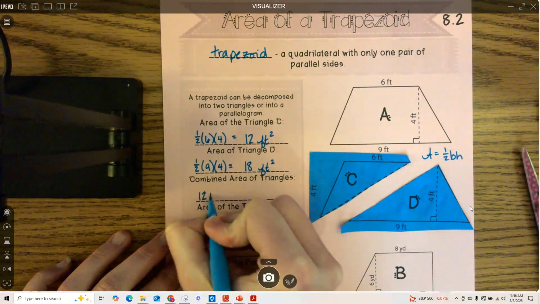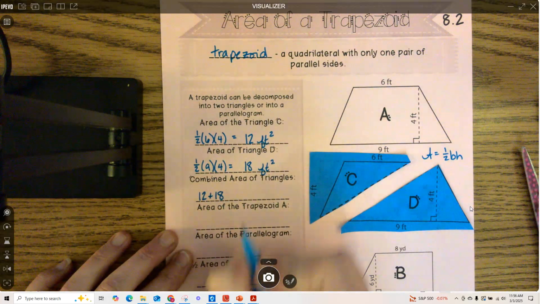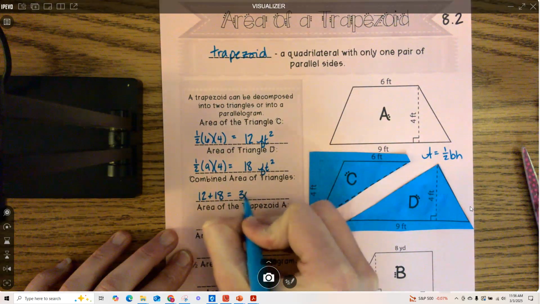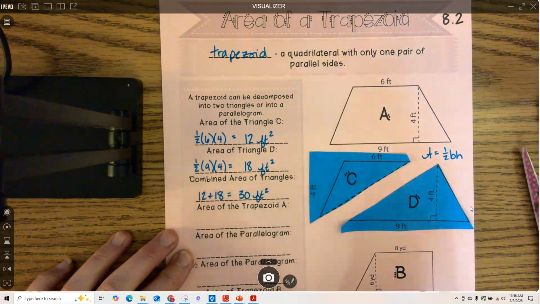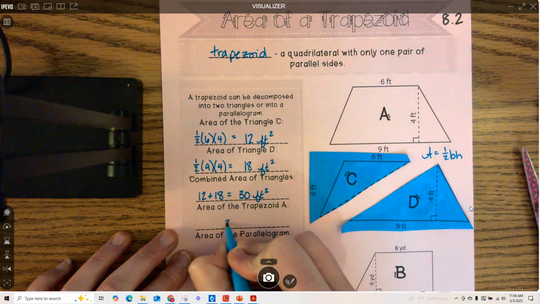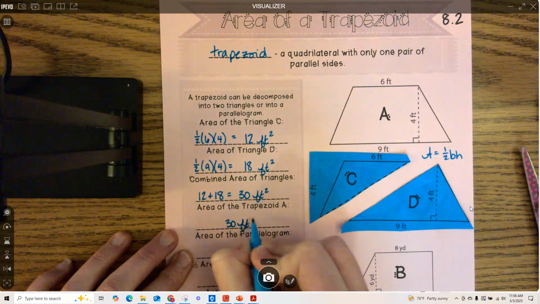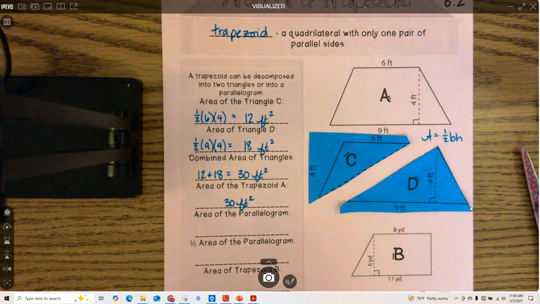We can add 12 plus 18 to get 30. And that would be the area of trapezoid A, 30 feet squared. So you can break it down into two triangles, find the area of each triangle, and then smush them back together.